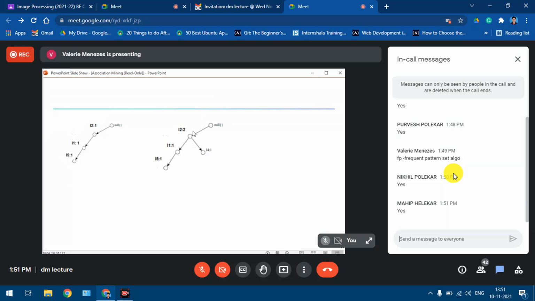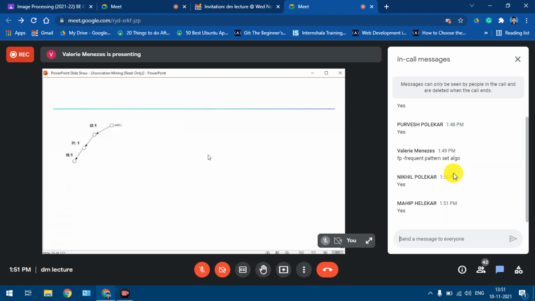So the count is increased to 2. And I4 is traversed only once, so the count is kept as 1. Is this clear, students?